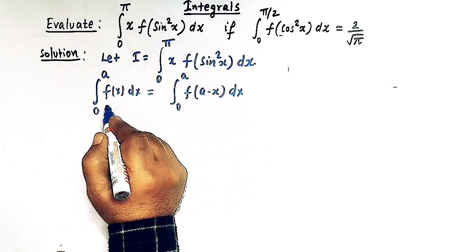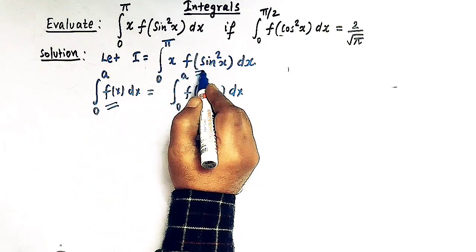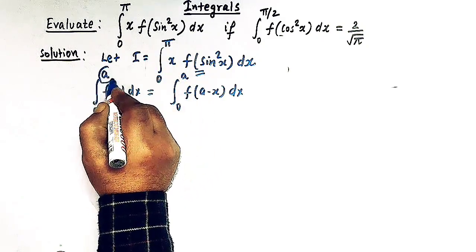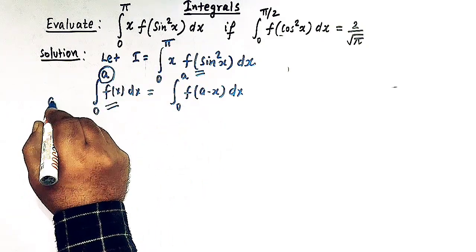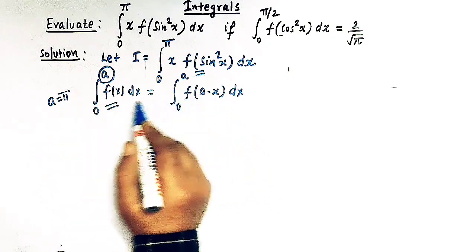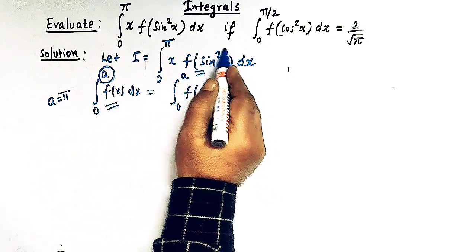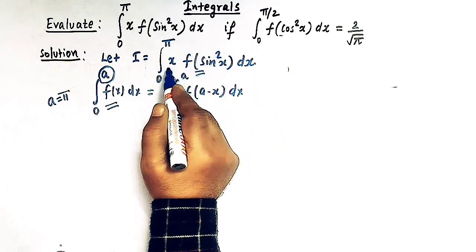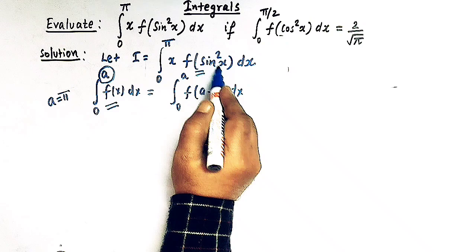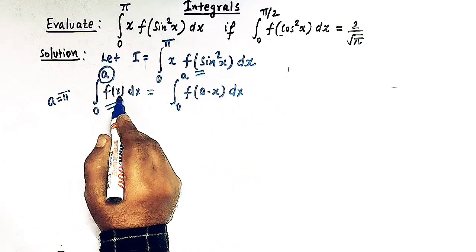So if we compare this integral with this one, then here we have 0 to pi and here we have a, right? So the value of a is pi, and this function f of x is given by this entire function, so we have x times f of sine square x as f of x.